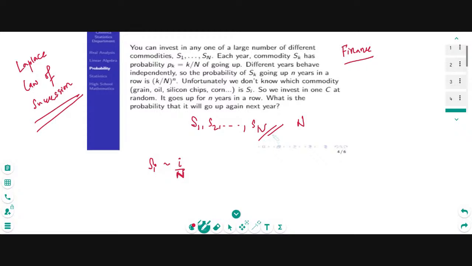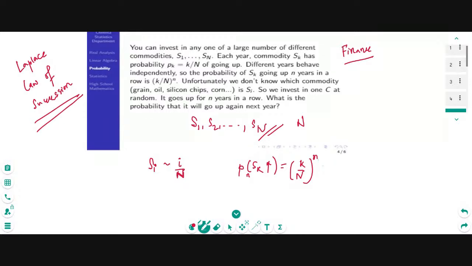Different years behave independently. So by the multiplicative rule of probability, the probability of Sk going up in the next n years, let's say Pn, is (k by N) to the power n. That's the probability of it going up, right?